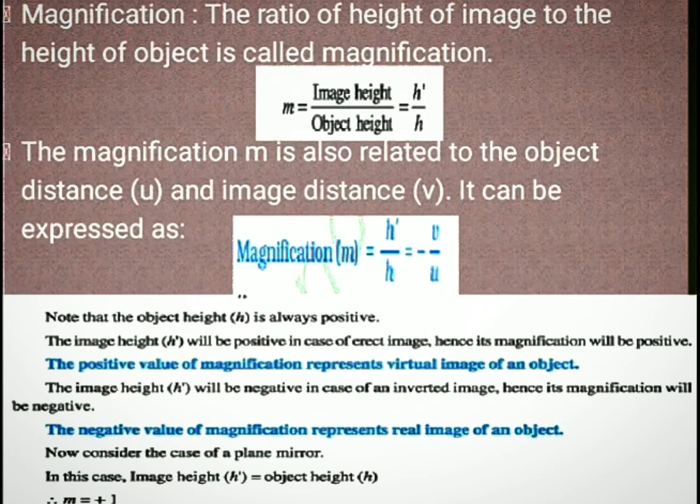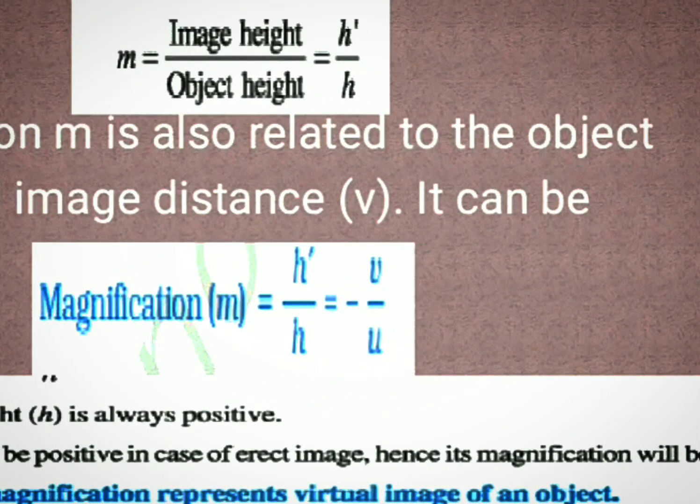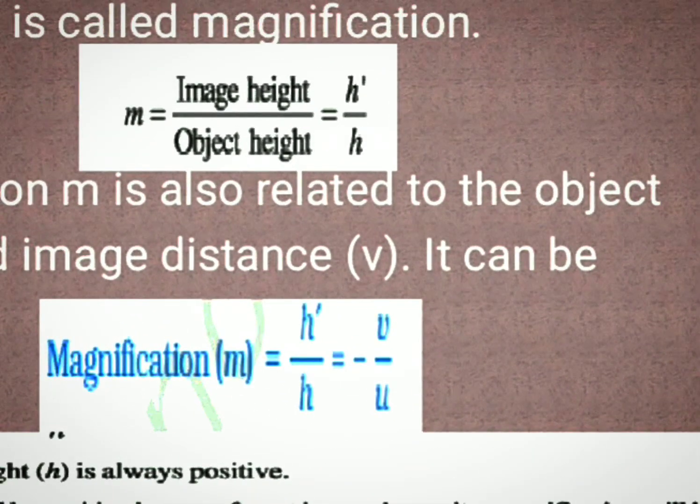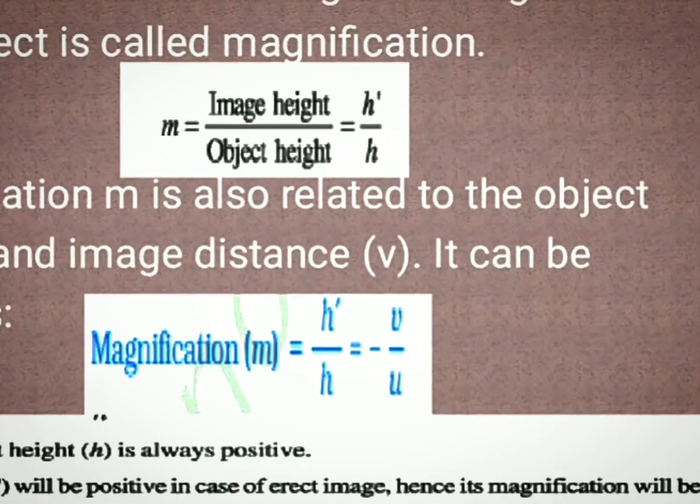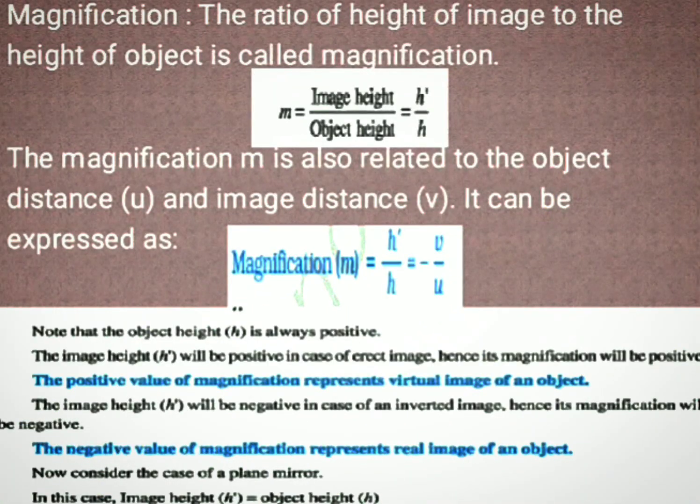Hence, magnification is defined as the ratio of the height of the image to the height of the object, denoted by the symbol small m. The formula is m is equal to image height upon object height, that is h dash upon h. Magnification is also related to image distance and object distance, given by the formula m is equal to h dash upon h, which is equal to minus v upon u.